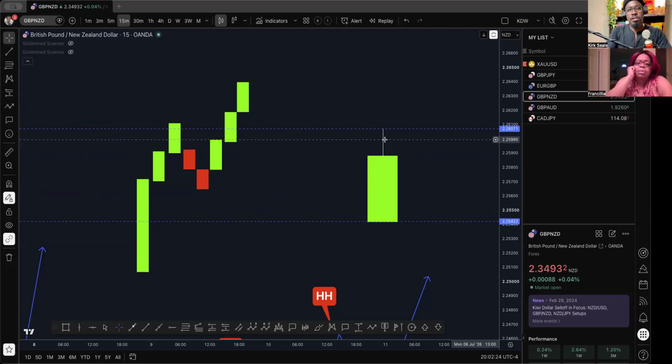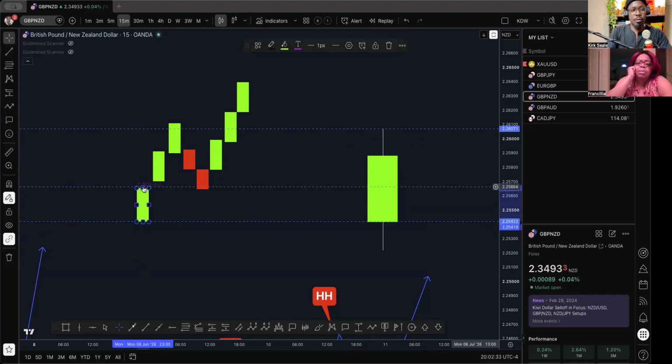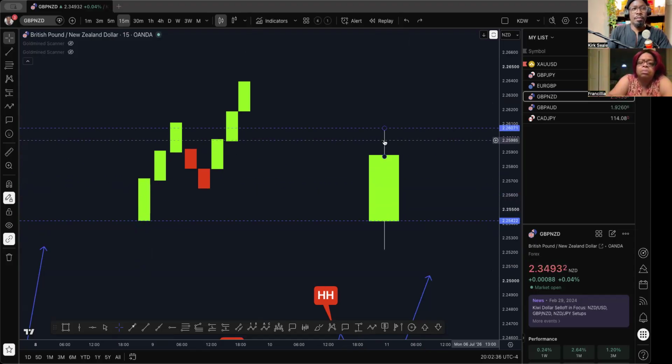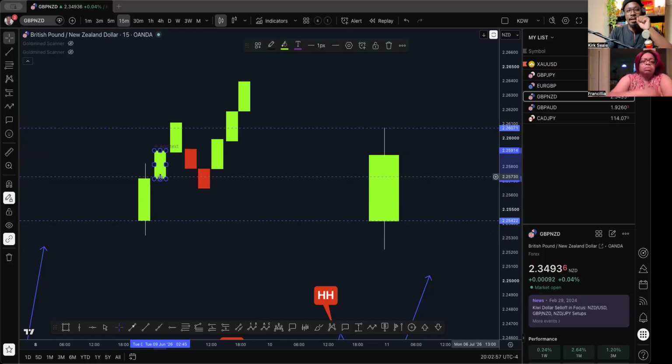Imbalance occurs where you have three candles, and there are always wicks involved in these situations. But if the bodies of the candles do not touch, if the wicks of the candles do not touch, then there is a gap, right? I'm going to show you here. So price went up, came back down, closed here.